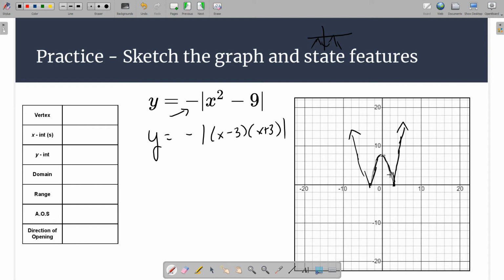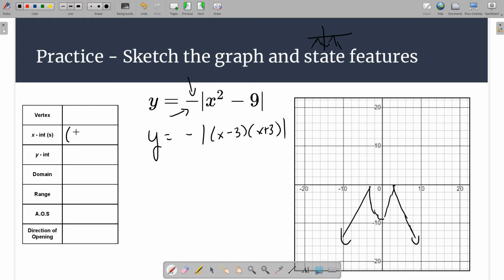But then because of this negative in front, everything gets reflected downwards. So now it looks more like this. And this would be the final iteration of our absolute value quadratic. And so this is what the drawing is.